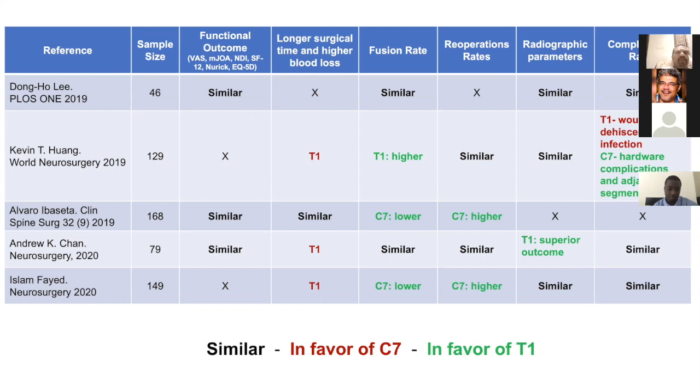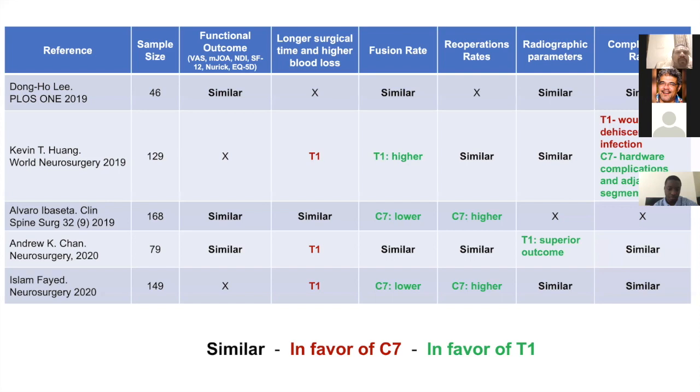But if you discuss fusion rate and reoperation rates, we're going to see more green than red, because every time you go to the cervical thoracic junction, you're going to have a higher fusion rate, and you can restore the radiographic parameters. The complication rate is much similar.